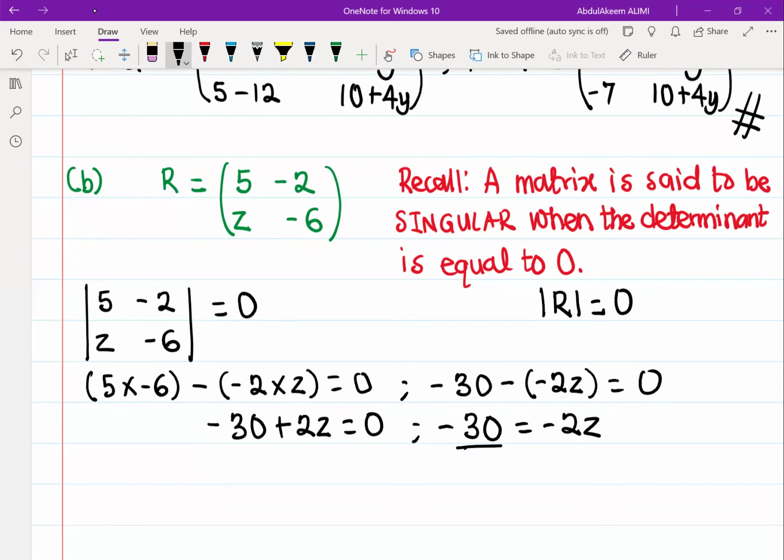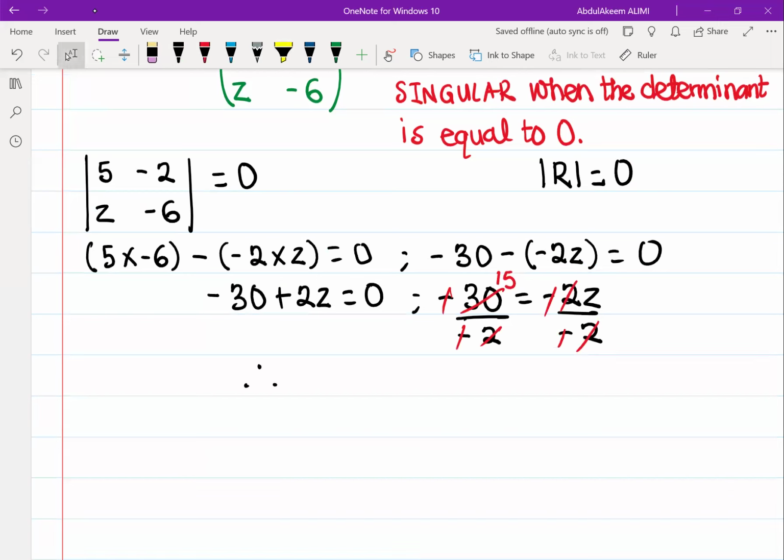Divide both sides by minus 2. This will cancel this. 2 here 1, 2 here 15. Therefore, the value of my z is equal to 15. And they are all elements of real numbers.